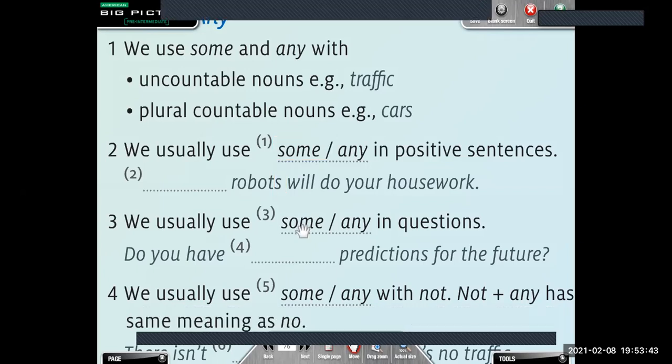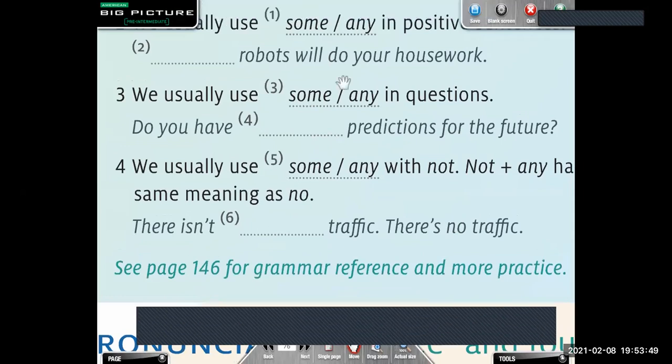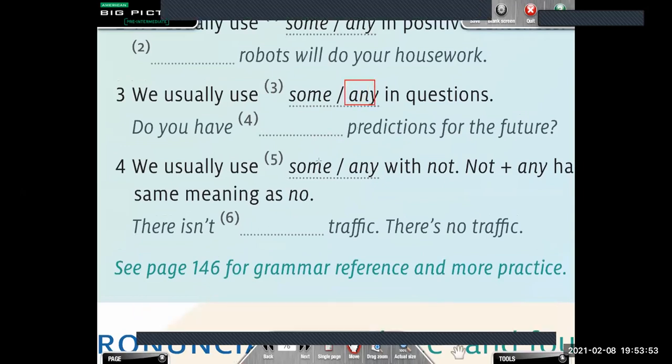Good. Let's see here. We usually use any in questions. ¿Qué utilizamos en preguntas? What do we use in questions? Any, right? Do you have any predictions for the future? Very good. And number 4, we usually use any with not. ¿Qué utilizamos?